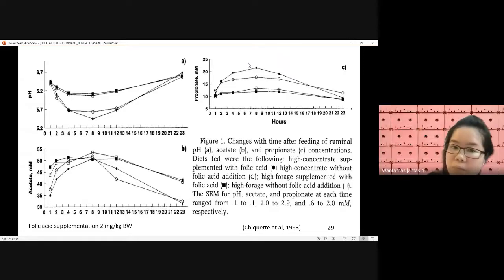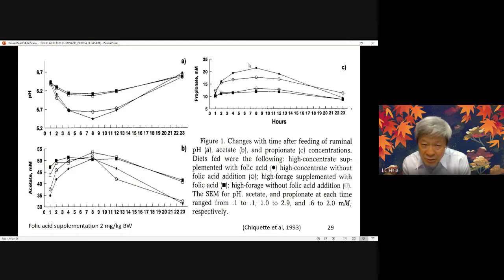So if I do not provide concentrate to my ruminant animal, and just provide foliage with folic acid, do I have to increase the level of folic acid?